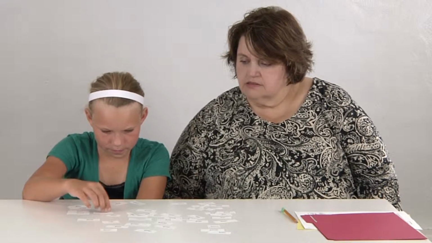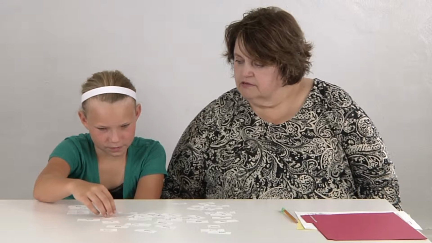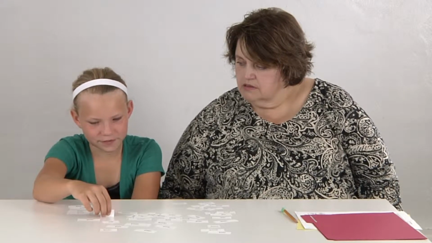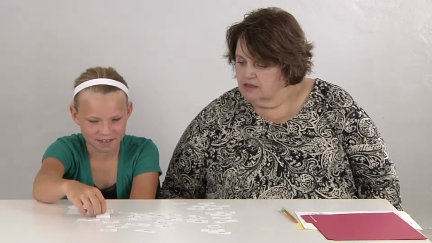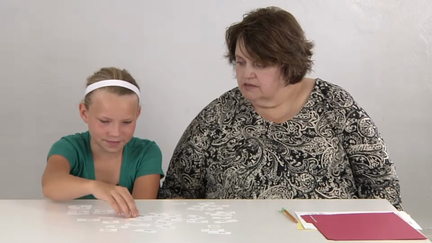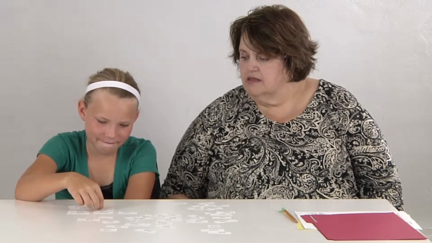And as she works and sorts these words out, what are you looking for right now? The different ways that it's spelled with the K at the end. Some are spelled with K. What about these guys? What are they? CK. All right.